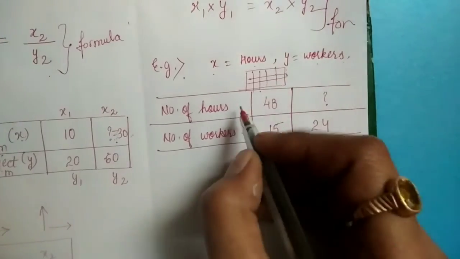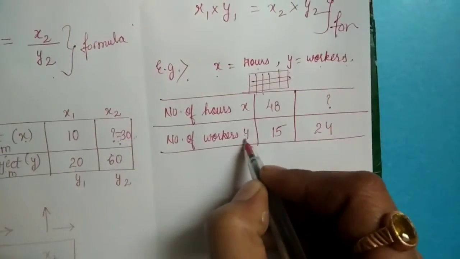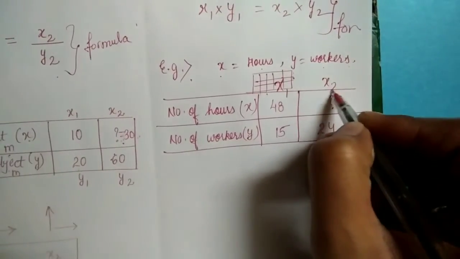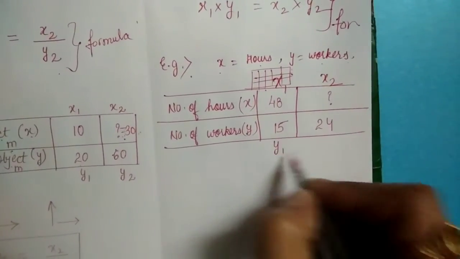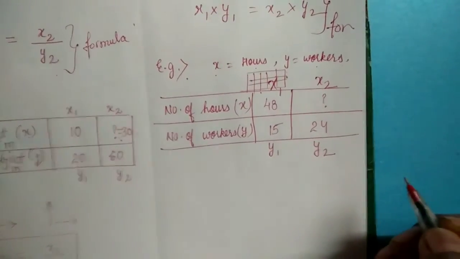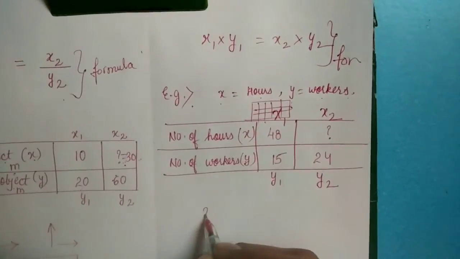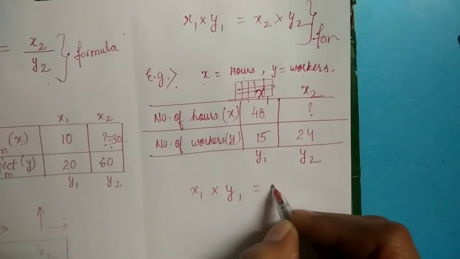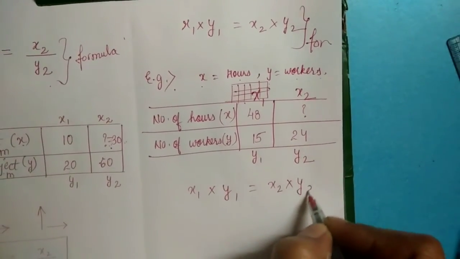You can simply see this is the value for x and this is the value for y. It means this is x1, this is x2, this is y1 and this is y2. We see in its formula: x1 multiplying by y1 is equal to x2 multiplying by y2.